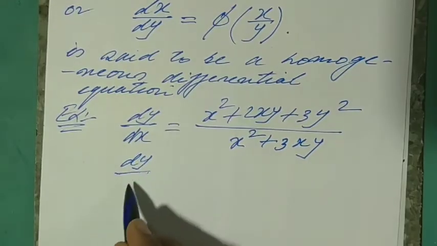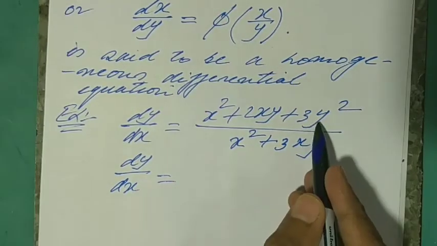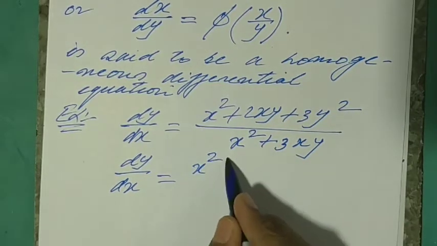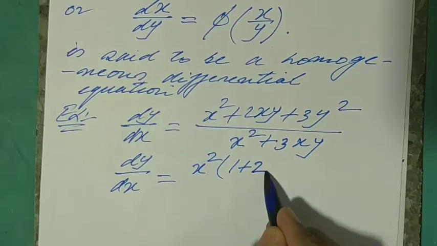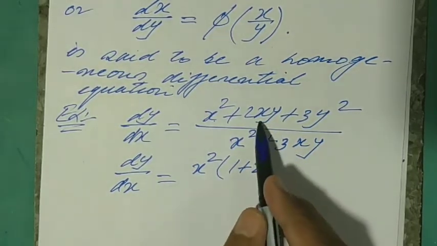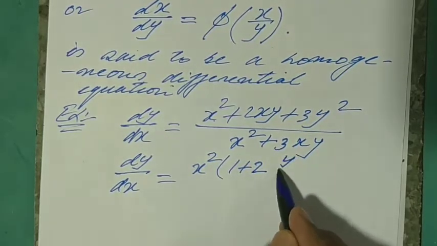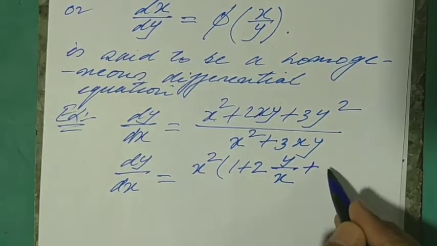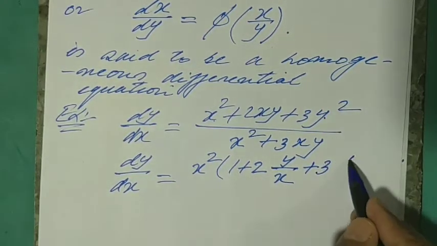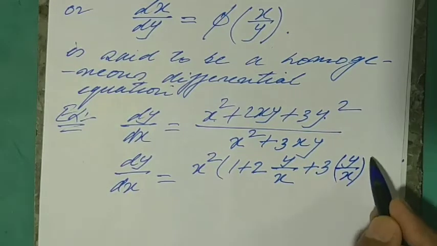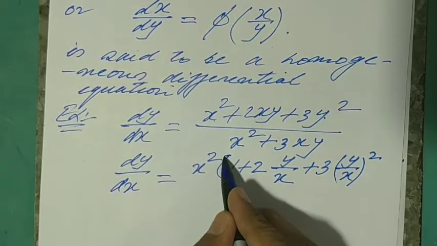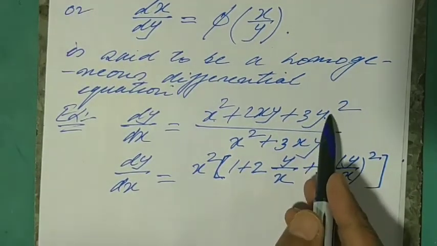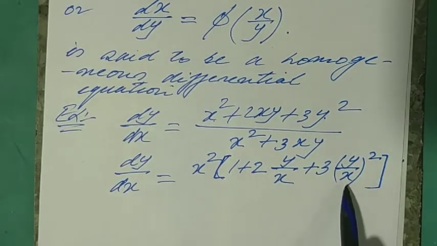So dy/dx is equal to, we may take x square common out of all three terms in the numerator. We may write it as x square (1 plus 2. If we divide the first term by x square, we get 1. If we divide 2xy by x square, we get y/x, because one power is cancelled by this x, and plus 3, and this may be written as (y/x) whole square, because if we divide this term by x square, we get y square upon x square, which may also be written as (y/x) whole square.